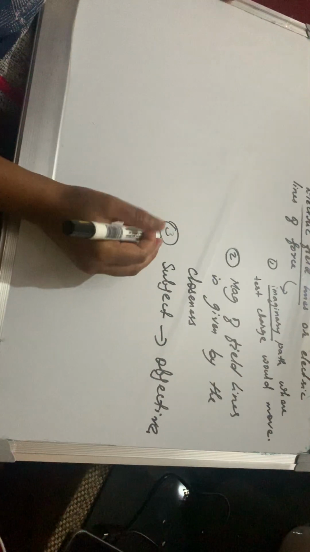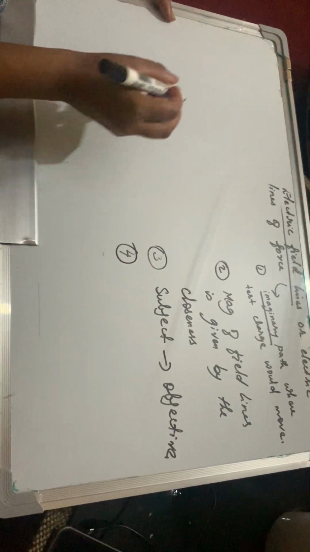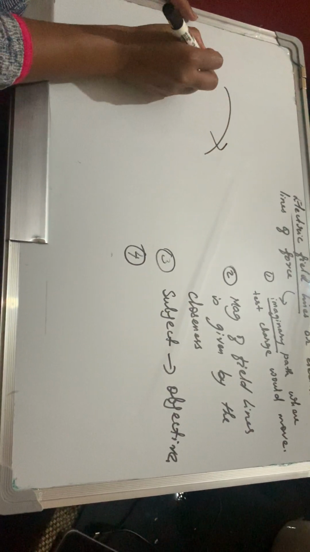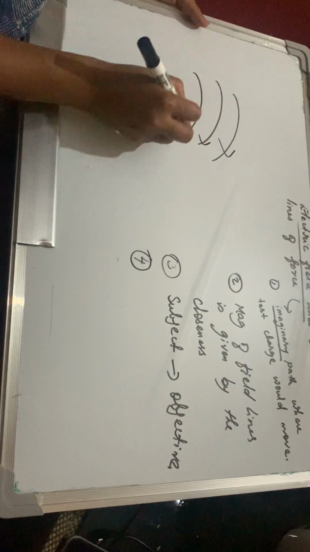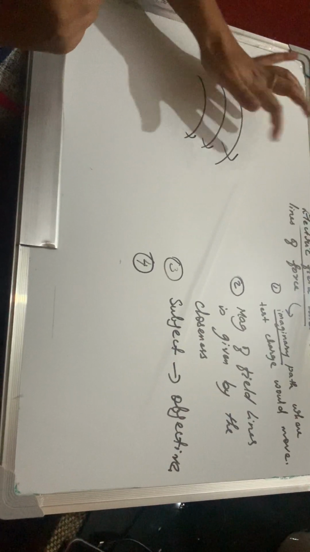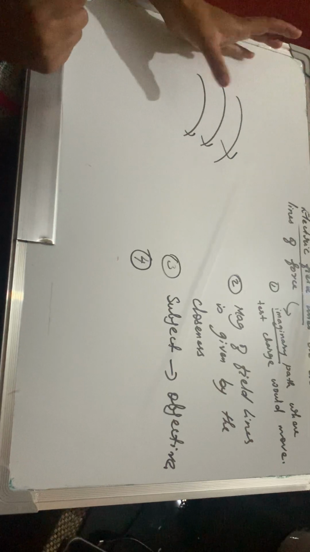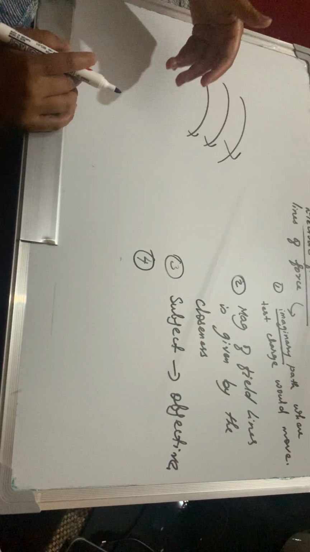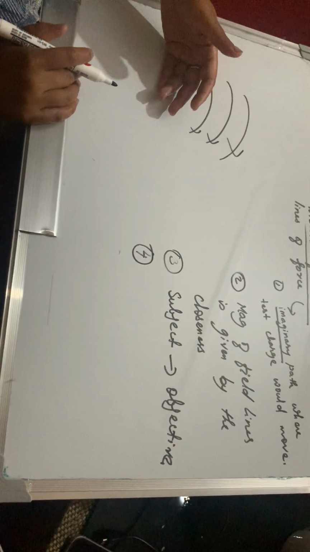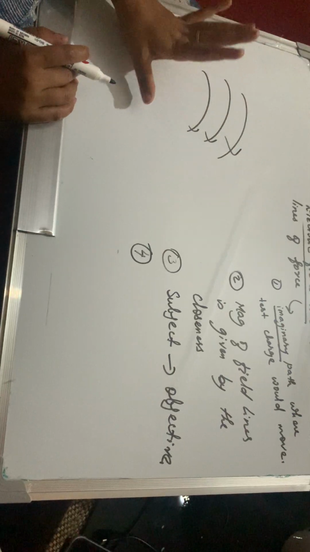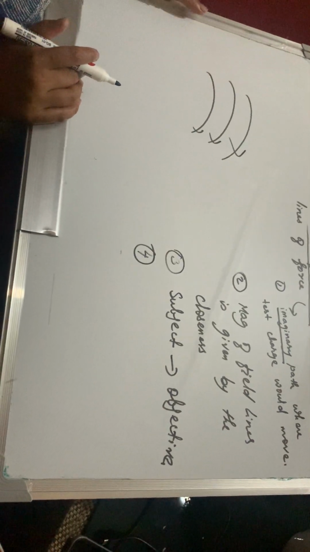Another direction. All right, suppose I'll take an example. I'm making the field lines. We can't stick with the point charge all the time, so I'm just making electric field lines in general.